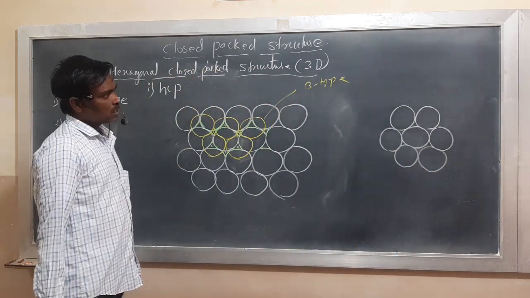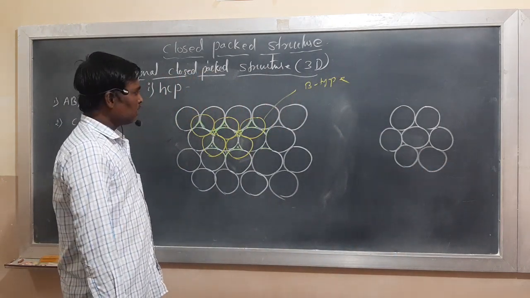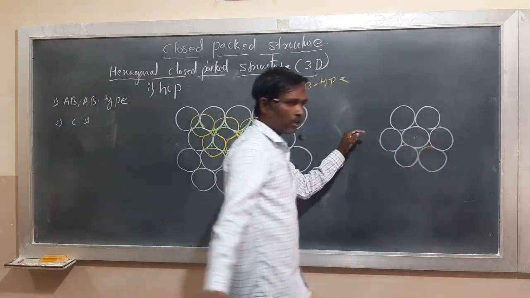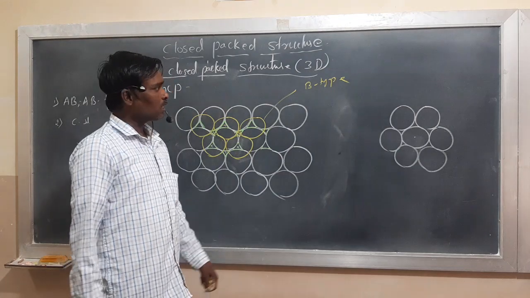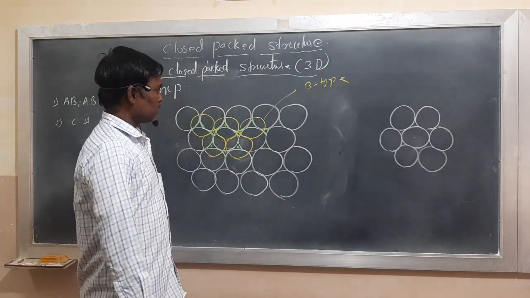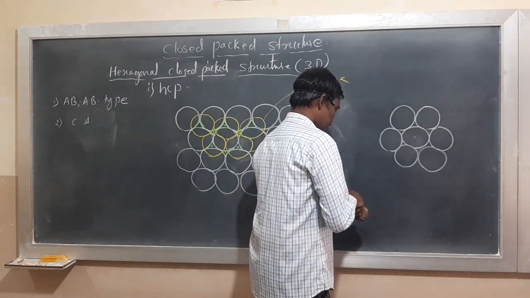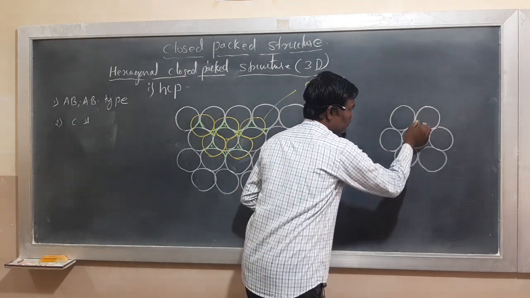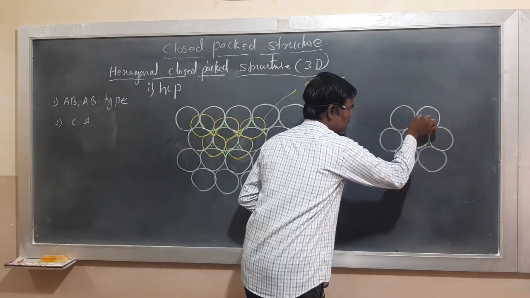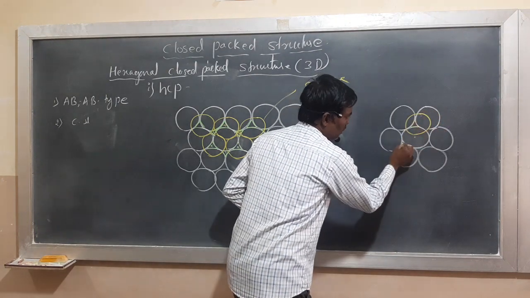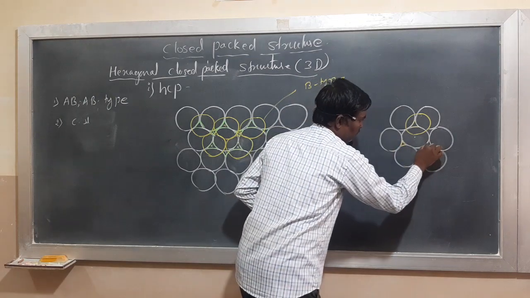I am taking 6 neighboring atoms in a plane in the first layer. For this particular atom, I am calculating the coordination number. For that particular atom, there are 6 neighbors. And the second layer is of this type, which covers only the A type of voids.